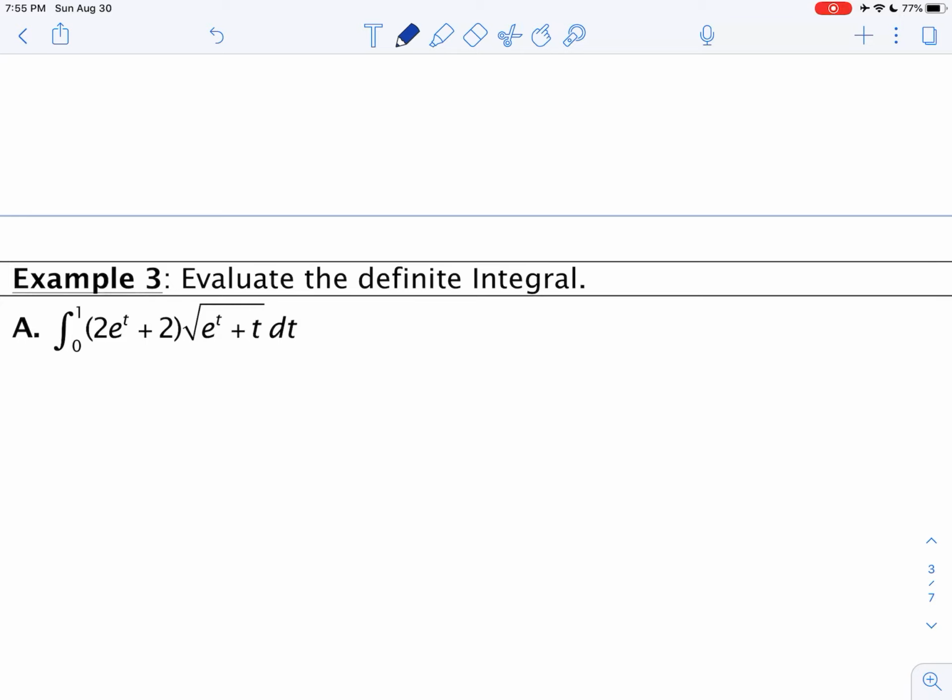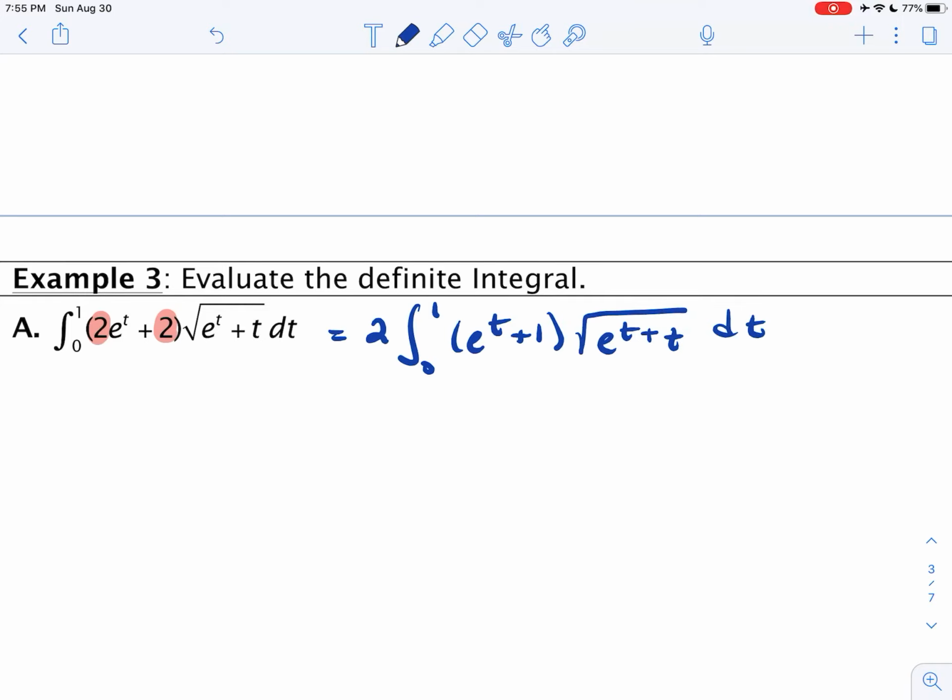All right, so here we have evaluate the definite integral. Don't be alarmed if this looks a little strange, but I'm going to recognize that I've got a factor of 2, and I'm just going to move that out. So I'm just going to clean up a little bit, and I'm going to say that this is equal to 2 times the integral from 0 to 1 of e to the t plus 1 times the square root of e to the t plus t dt.